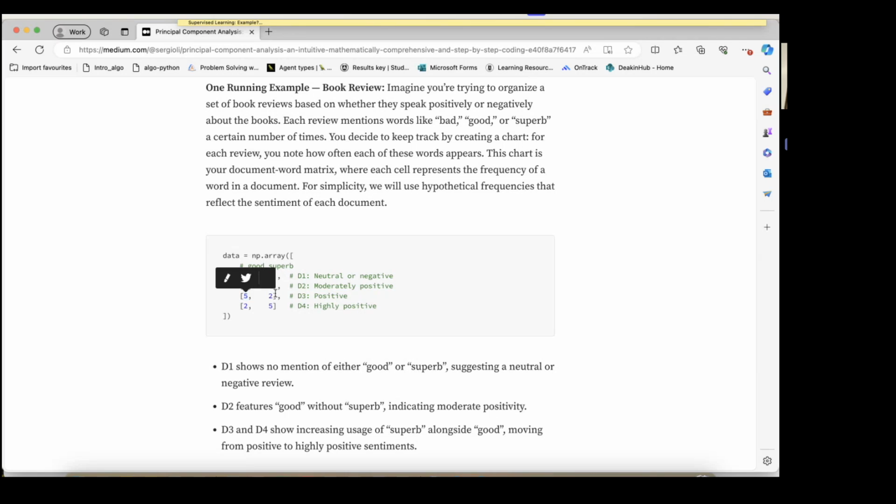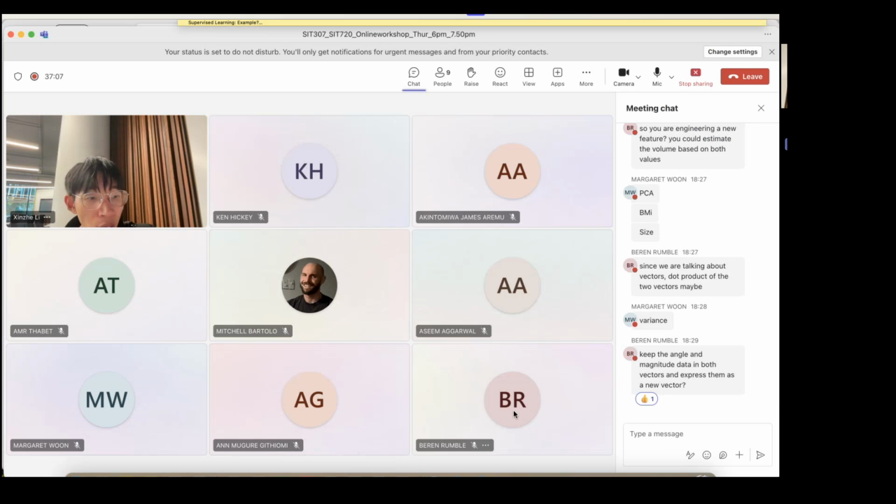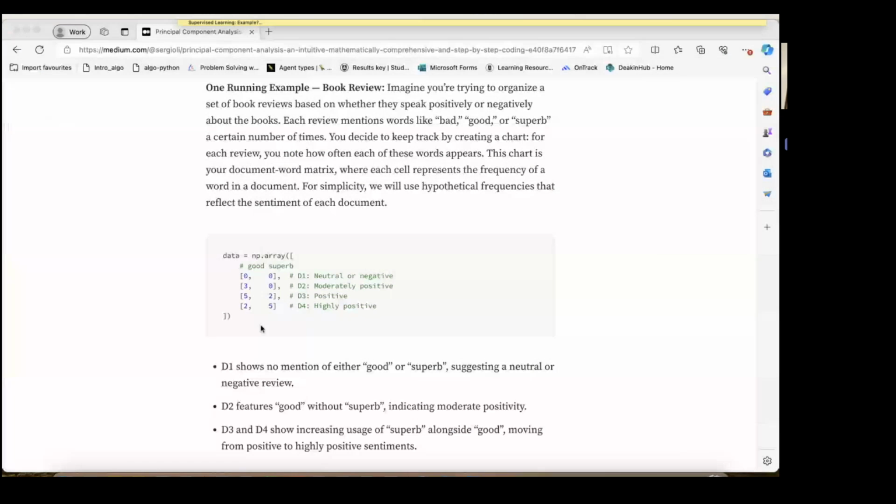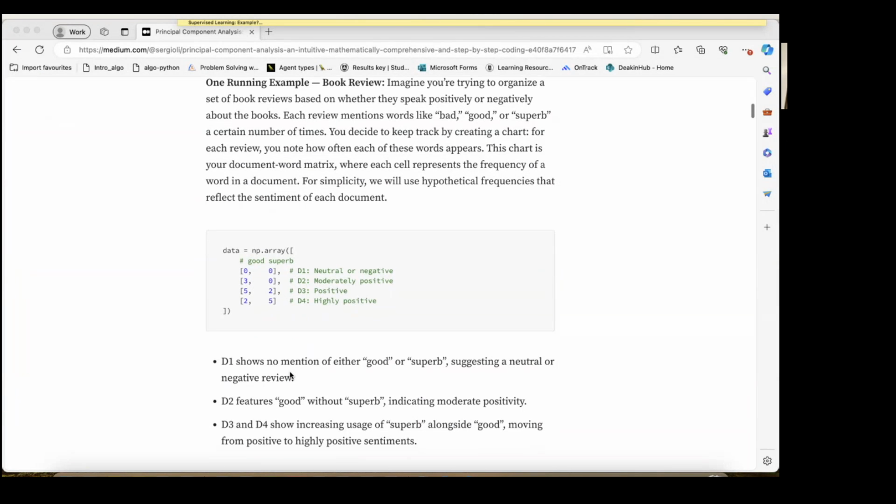Do I need to see the appearance of super to know this is positive? No, because good has already appeared. So I don't need to see the second feature. I only need to see the first feature, right? That's a correlation. That's the redundancy Margaret mentioned. Before I go forward, any question? Okay, clear, right? This is redundancy. This is the correlation of features.